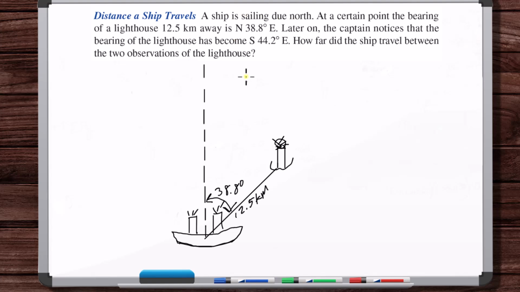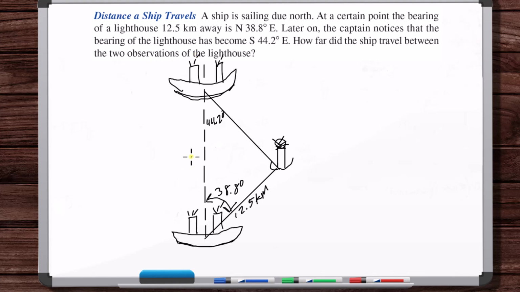It says the ship is sailing due north, so let's draw the ship up here. At this point, the lighthouse has a bearing of south 44.2 degrees in the east direction. So this is 44.2 degrees.